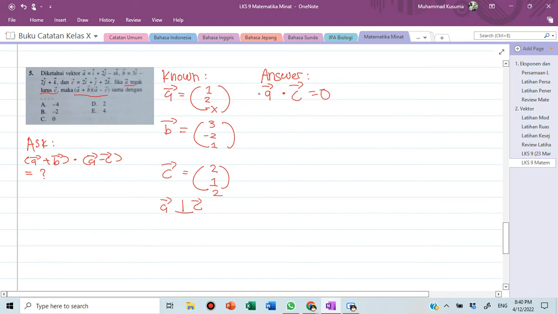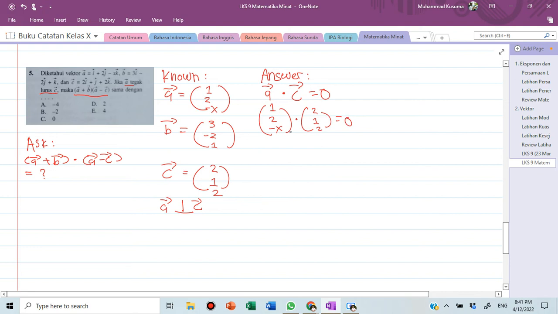Now we know that the coordinate of a is (1, 2, -x), dot the c vector, which is (2, 1, 2), equal to 0.